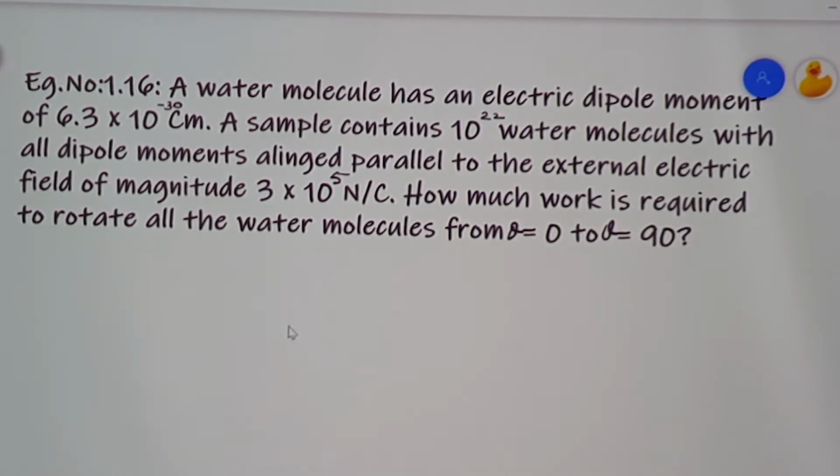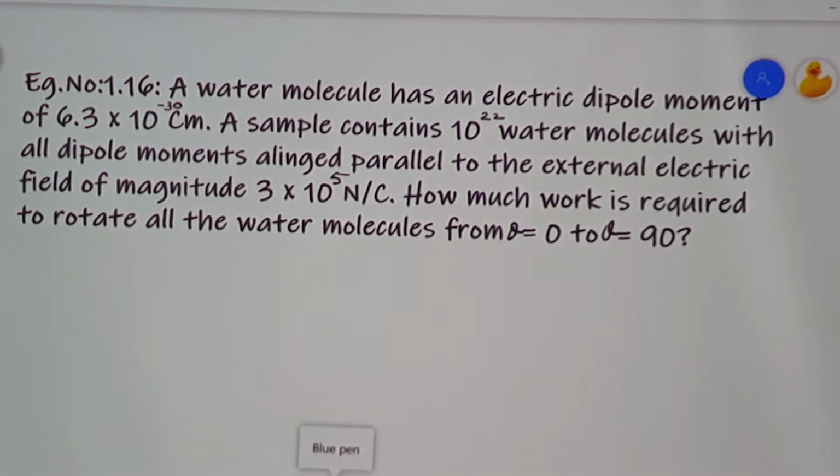How much work is required to rotate all the water molecules from the initial position theta equal to 0 to the final position 90 degree?